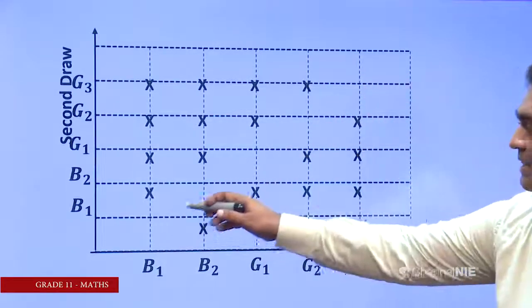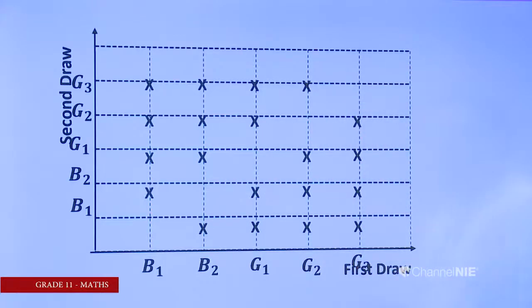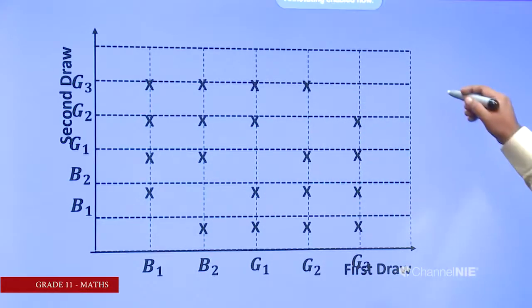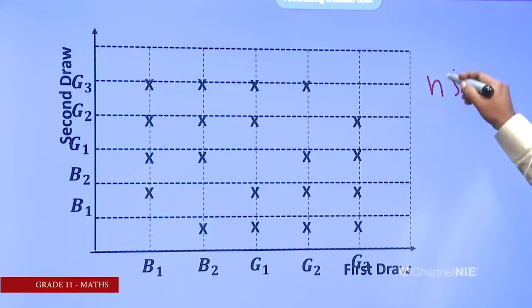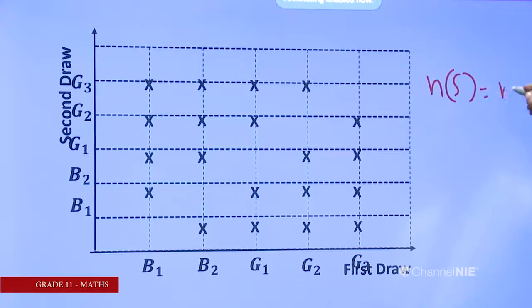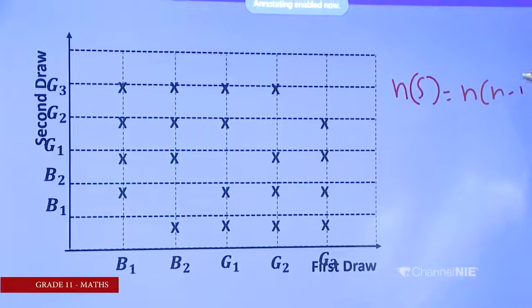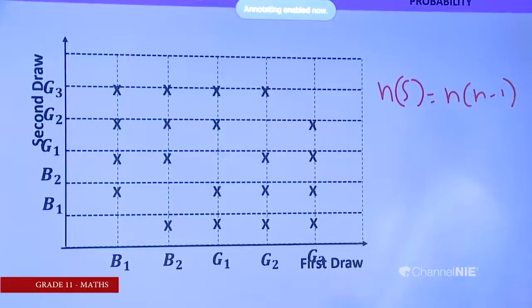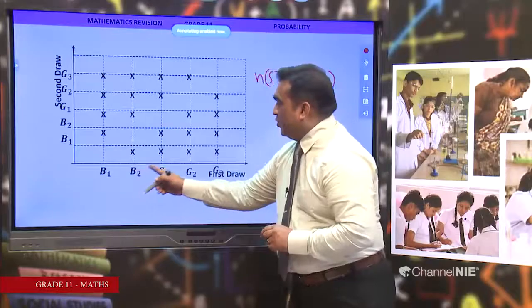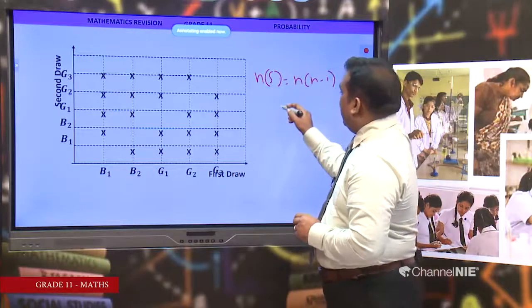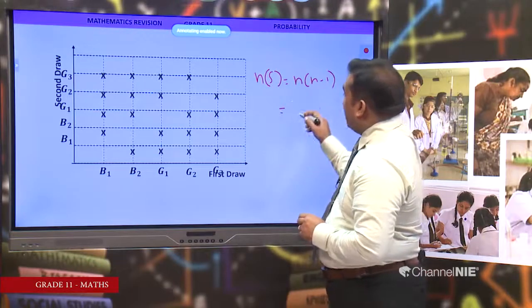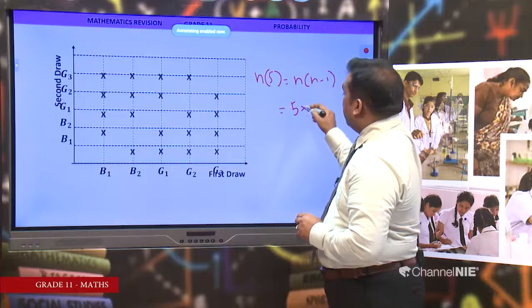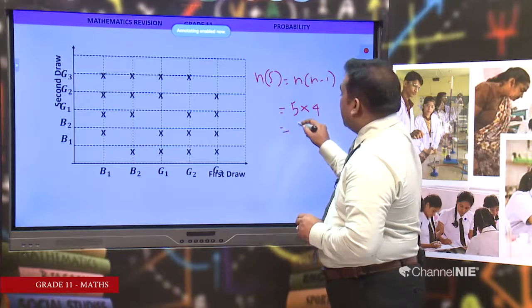No elements in this diagonal. Then how to get the number of elements of the sample space? N multiplied by n minus 1, number of elements. Here you can see 1, 2, 3, 4, 5. Therefore, number of elements of the sample space 5 multiplied by 4, that is 20.